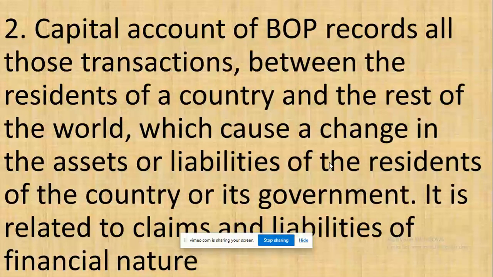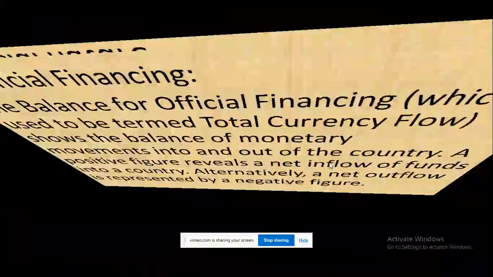Now let's quickly talk about the capital account of balance of payment. It records all transactions between the residents of the country and the rest of the world which cause a change in the assets or liabilities of the residents of the country or its government. It is related to claims and liabilities of a financial nature, and that's what we call the capital account.